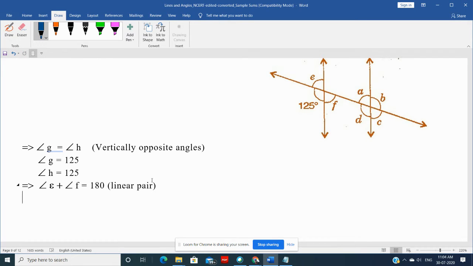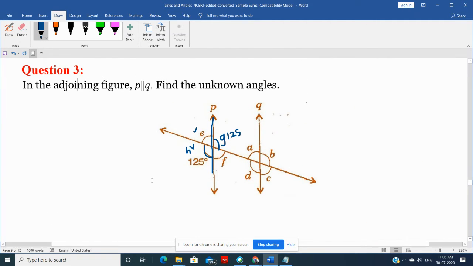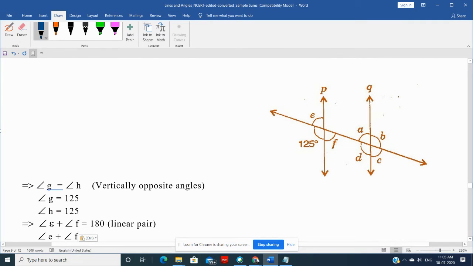Now, E we don't know, so we'll just write angle E like that only, plus instead of angle F, not F, sorry, EH. That's what we have given name. I'm so sorry.